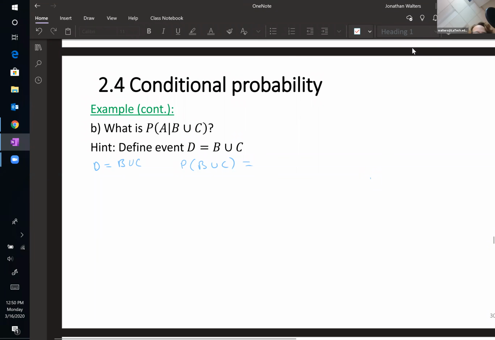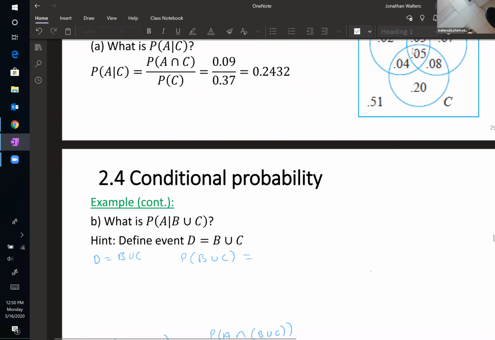Because in my conditional probability, I'm going to need probability of A given B union C. It's going to be probability of A intersect B union C over probability of B union C.